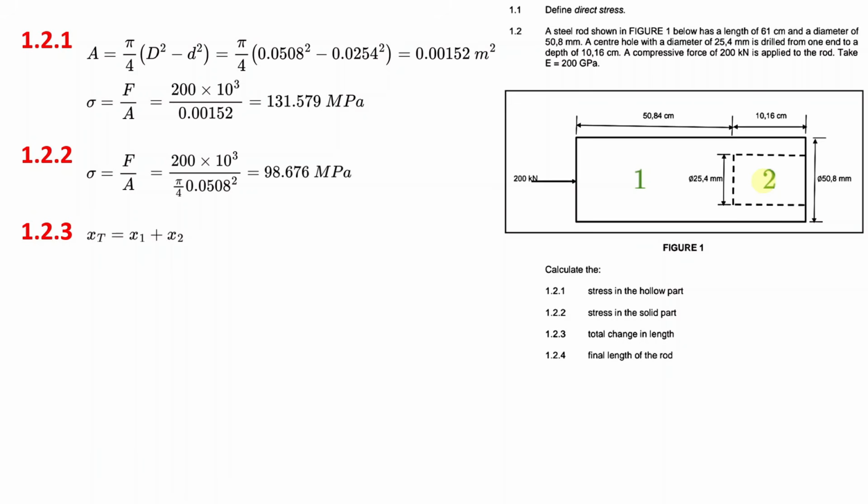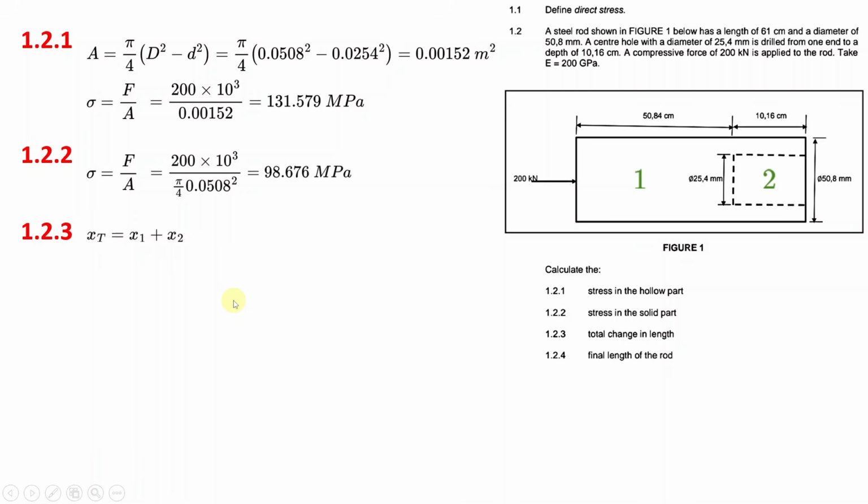However, the total shortening of the object is the sum of the two shortenings. I hope that is clear. And so we need to find the total change in length. In this case, it's a shortening, the total shortening. And that is going to be equal to the shortening of 1 plus the shortening of 2.